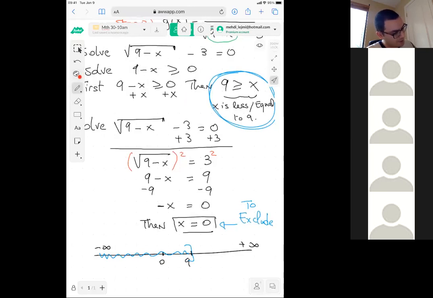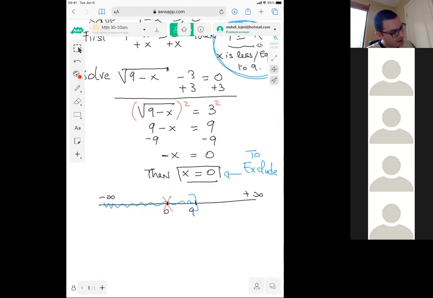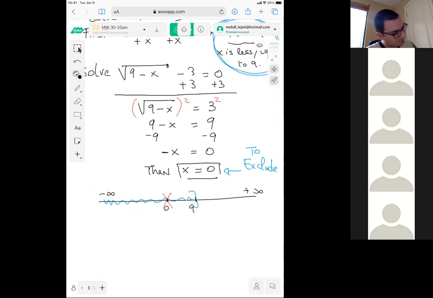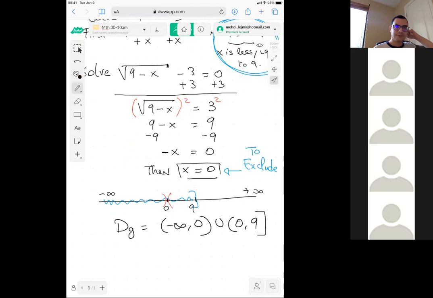So we have to exclude this 0 here. So the domain of G would be negative infinity to 0, 0 excluded, union 0 to 9, 9 is included, right? So that's the domain of G.